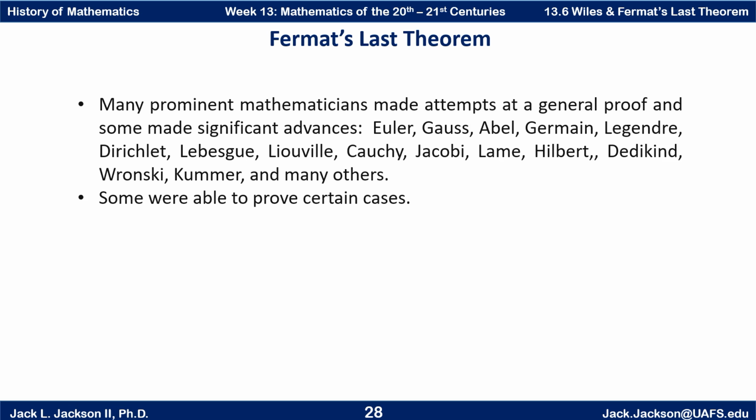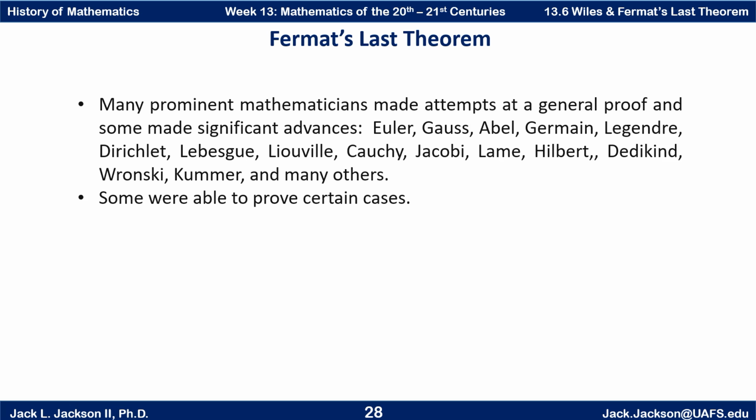For example, here's a partial list: Euler, Gauss, Abel, Germain, Legendre, Dirichlet, Lebesgue, Liouville, Cauchy, Jacobi, Lamé, Hilbert, Dedekind, Wronski, Kummer, and many others. So there are lots and lots of really important and famous mathematicians, some of the smartest people in history, men and women, that worked on this.